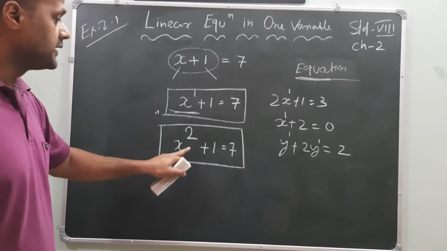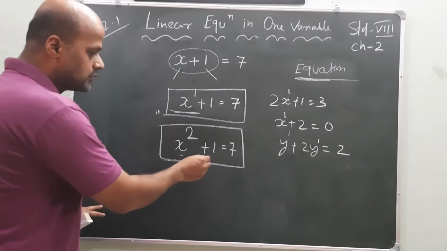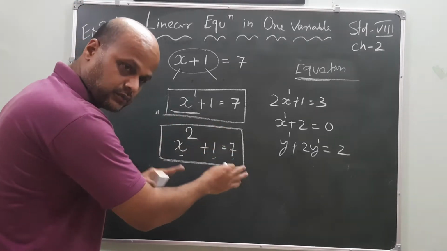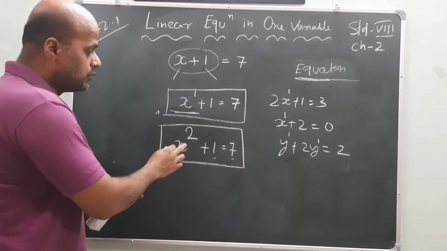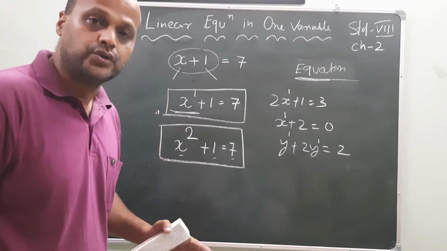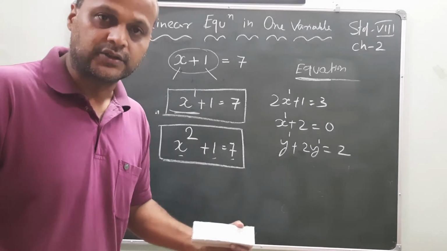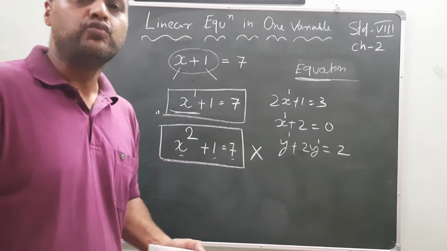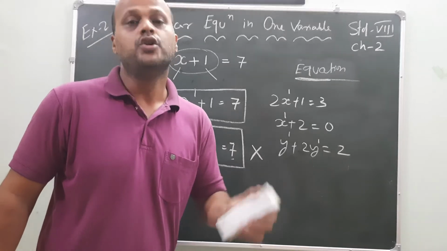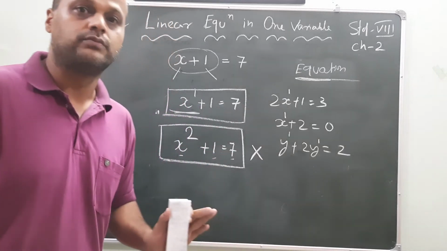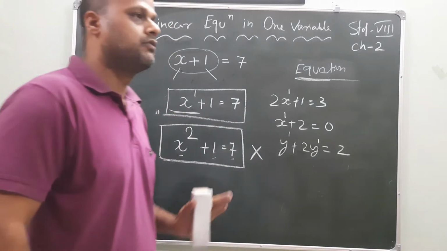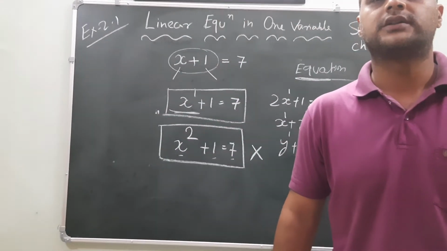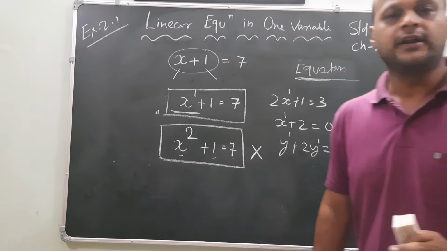The variable is x, the constants are 1 and 7, and the equal symbol is there, that's why it is an equation. But the power of the variable is 2, which is more than 1. So this will not be called a linear equation in one variable. Understood, my dear friends? Whenever you solve any exercise, you have to remember the funda of that particular exercise.